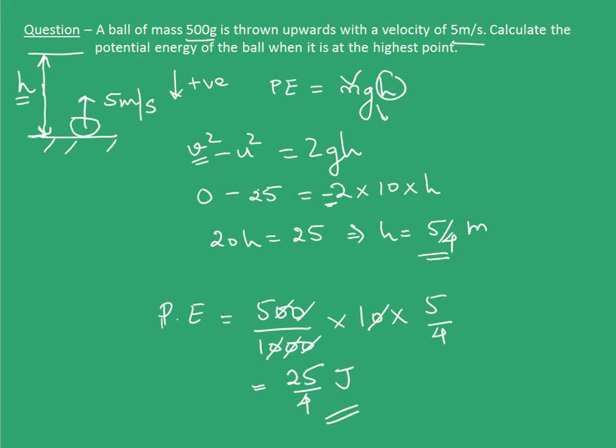From this question we can easily see how our equations of motion can be related to work and energy. All that has to be done is we have to find the unknown quantity, in this case h, and substitute it in the formula to find the potential energy. So these are pretty simple questions.